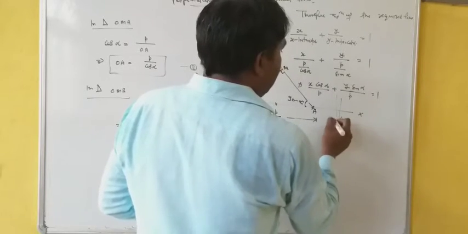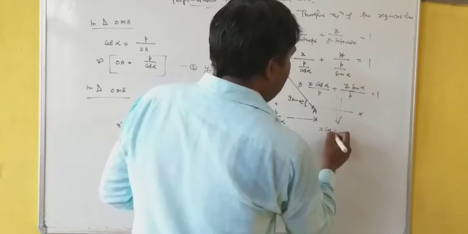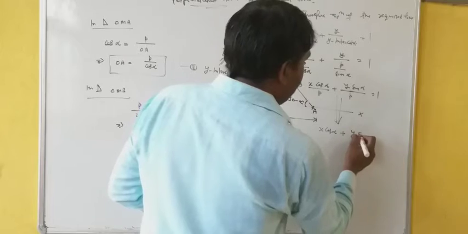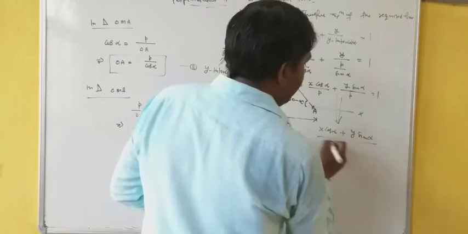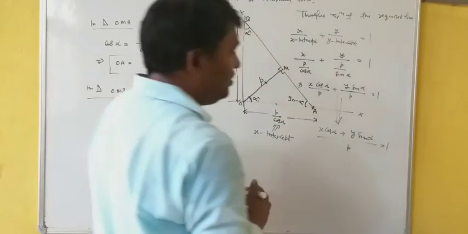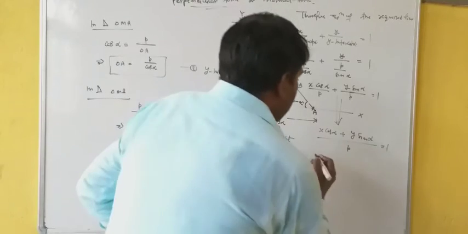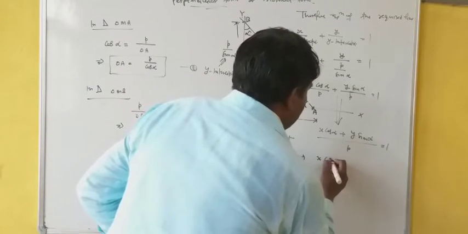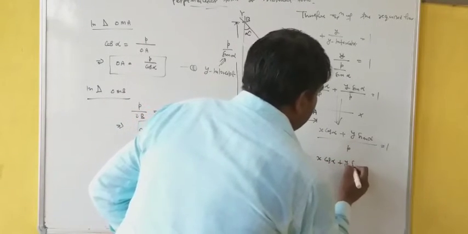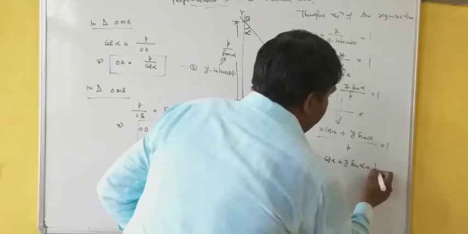This implies that x cos alpha plus y sin alpha total upon p is equal to 1. Hence, finally, x cos alpha plus y sin alpha is equal to p.